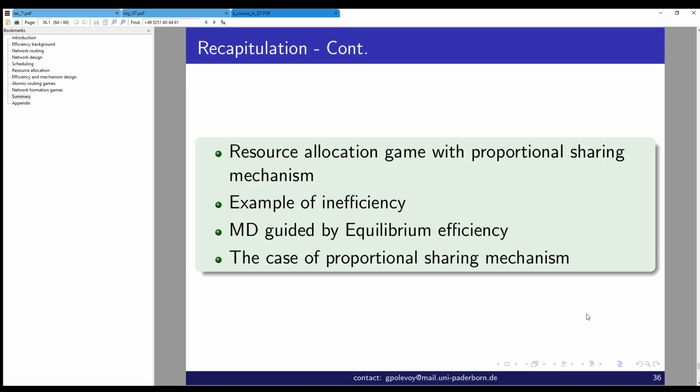And if the communication complexity may not exceed that of the proportional sharing mechanism, then the proportional sharing mechanism is actually optimal. We have not proved it, but it can be proved. Okay, so that was a very brief introduction to concrete games, in the sense that we model some important situation, analyze stable states and their efficiency.